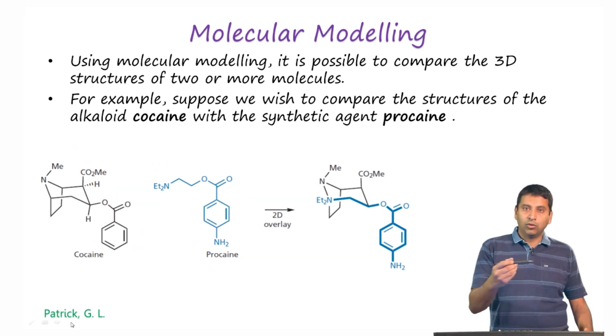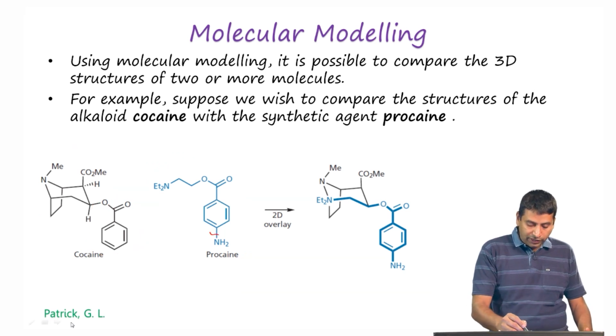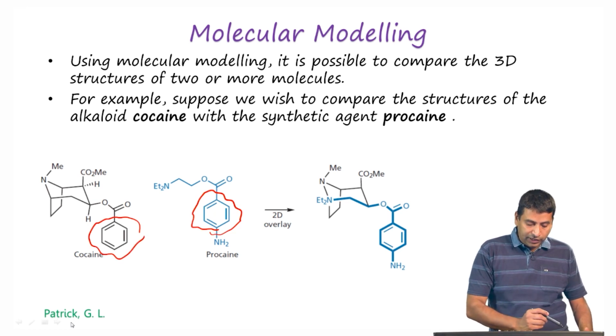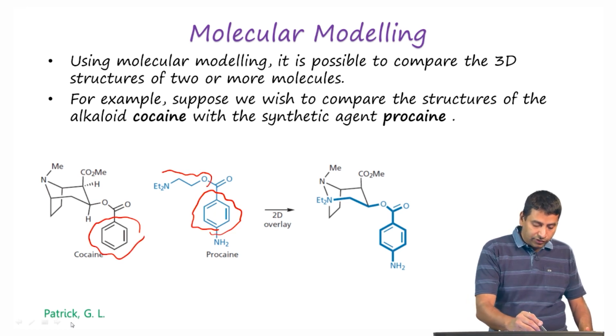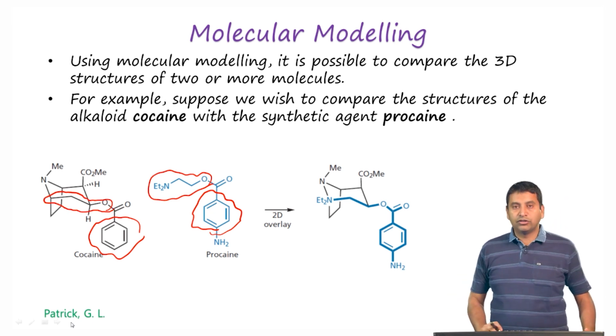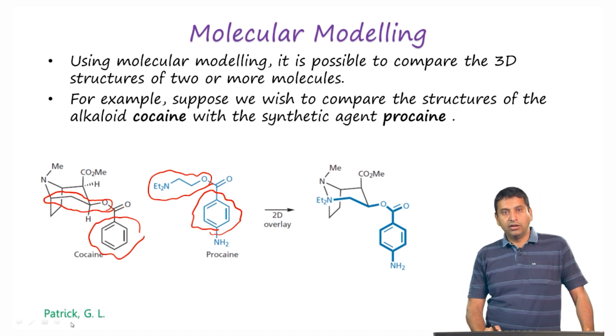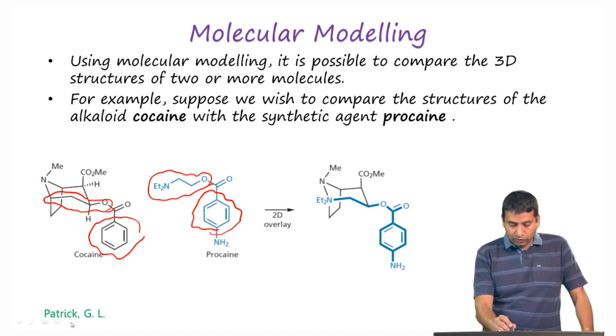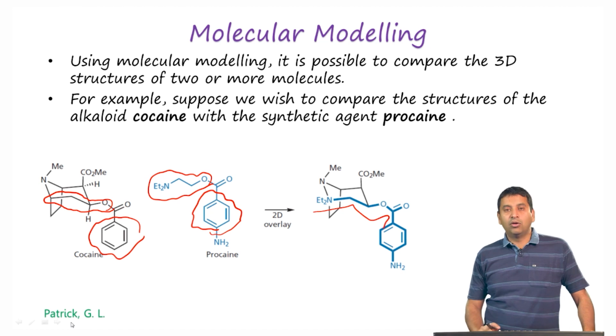Just by doing a 2D overlay, what you will find is that this aromatic ring here will overlap with this aromatic ring, and this structure here will sit nicely over here. So, this is what we would arrive at using a 2D overlaying of the two structures, which is shown here. Now, is this really accurate?